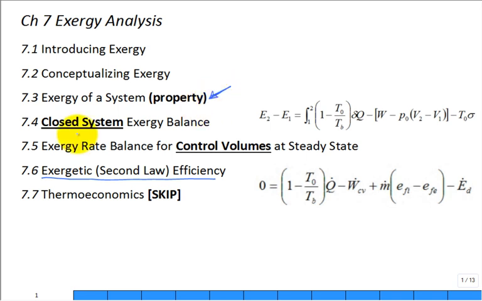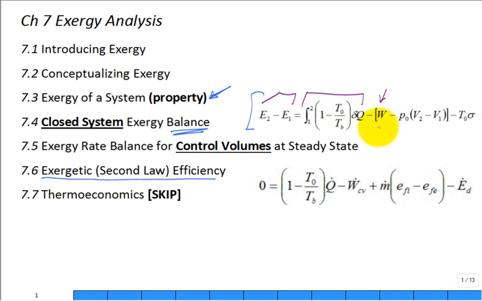We also had the exergy balance equation for a closed system. This is a key equation. You can read that equation. You can say, oh, the exergy of the system goes up or down depending on if I have some transfer of exergy during the process, in with the heat, out with the work.